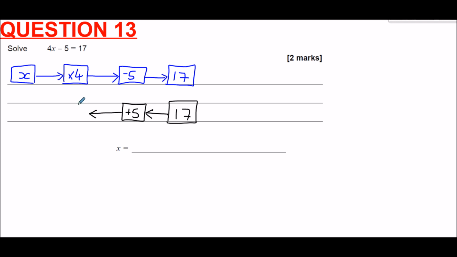So 17 plus 5 would give us 22. But now instead of multiplying by 4, we're going to do the opposite, which is divide by 4. So x will be 22 divided by 4, which we might just want to scribble down here and see what it is.